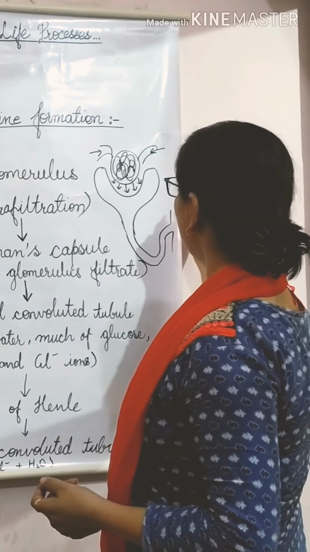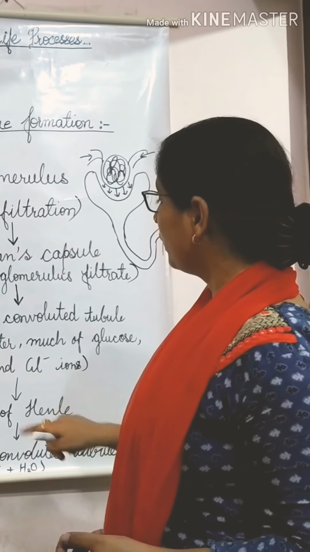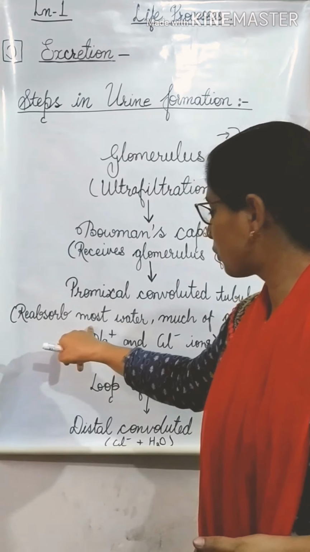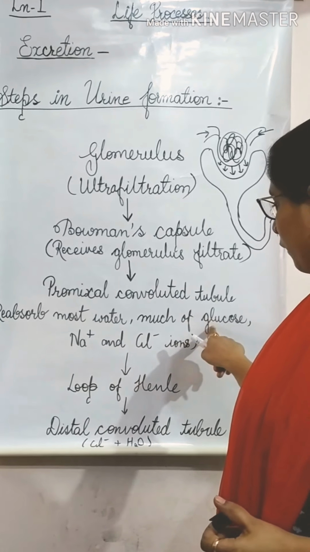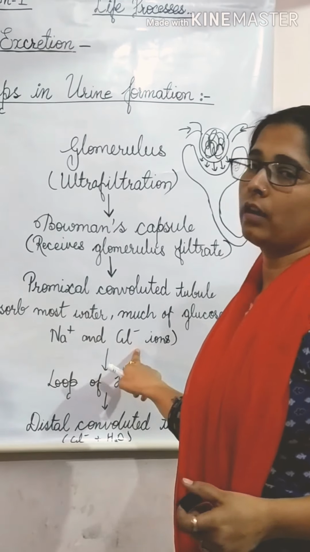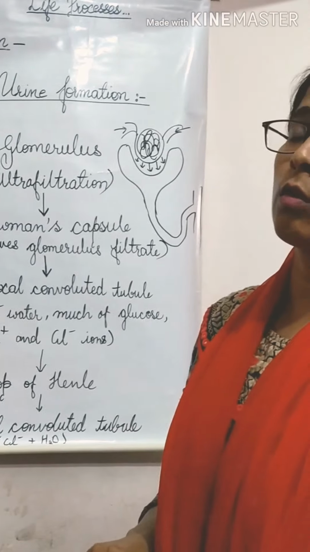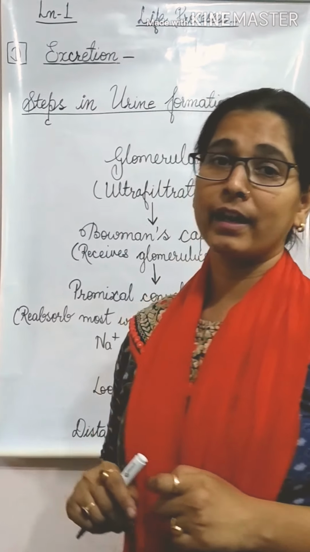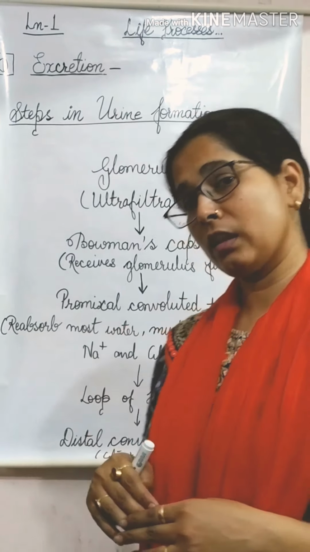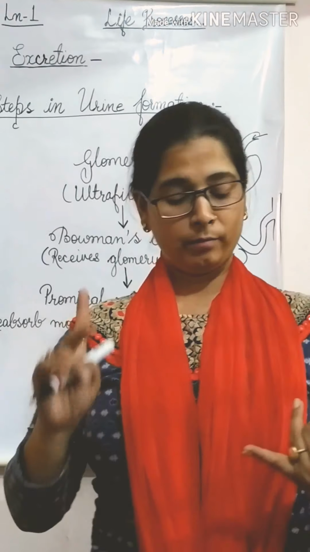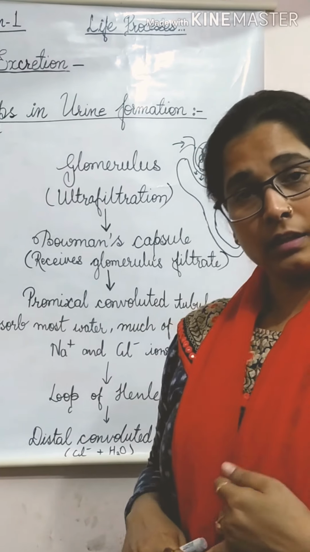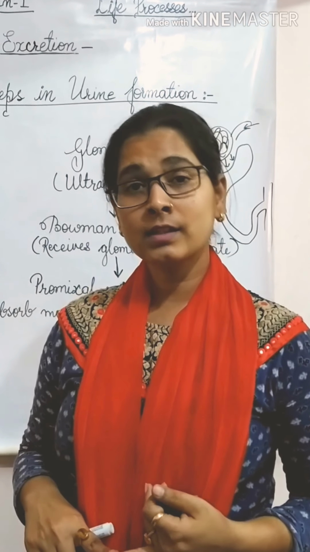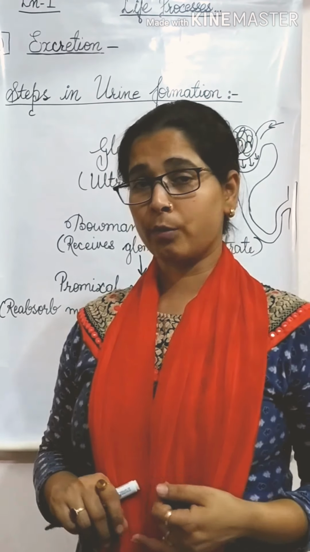it opens into the ureter. This PCT actually reabsorbs most water, then much of glucose, sodium and chlorine. As I told you, important salts. So when these salts break down into sodium and chlorine, they are again reabsorbed in the PCT. So you have to learn that PCT reabsorbs water, sodium and chlorine and some glucose.